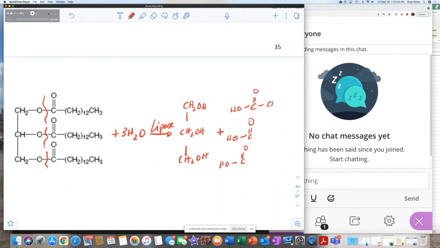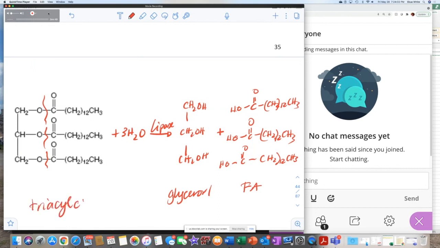And I have the rest of the molecule, CH2, 12 times CH3, CH2, 12 times CH3, CH2, 12 times CH3. Okay. Yeah, that's it. These are the fatty acids and then glycerol. Okay. Triacylglycerol.